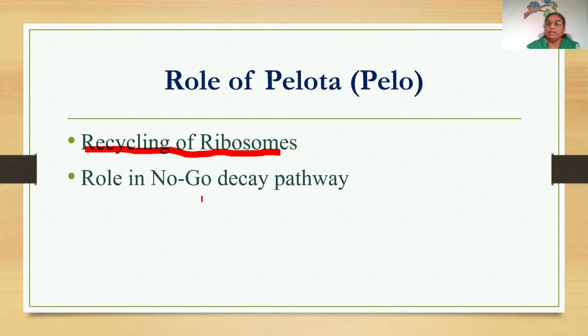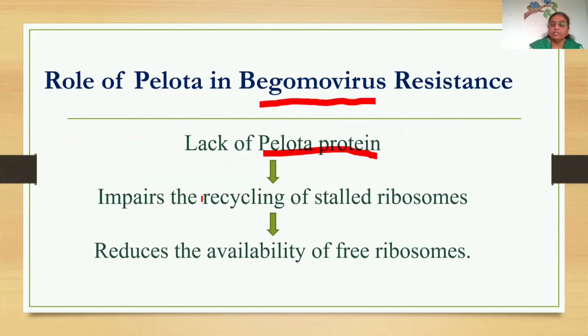The ribosomes which are engaged in translation are not recycled. The stalled ribosomes, for instance whenever there is a long stretch of A, the ribosomes engaged in translating that mRNA are not recycled.